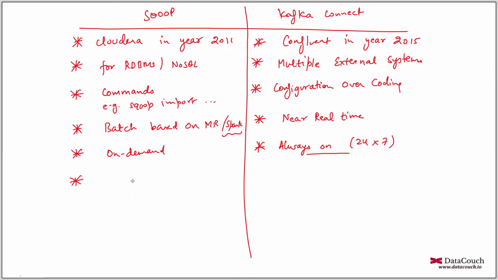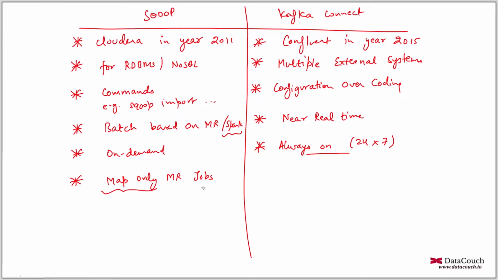Apart from that, in Sqoop we have MapReduce jobs running under the hood. There is no reduce operation as such in Sqoop 1, and Sqoop 2 is not popular because it is deprecated. Sqoop 1 is more popular in production, so I am referring to that right now.